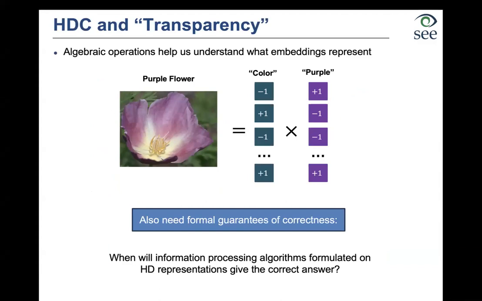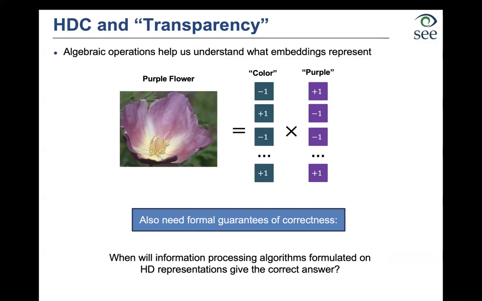In a more abstract sense, one of the things that I find really appealing about this paradigm is that we use algebraic operators like bundling and binding to build representations of more complex concepts from simpler atoms. For example, if we want to represent the idea of a purple flower, we can associate the idea of color with the particular value of purple via this binding operator.